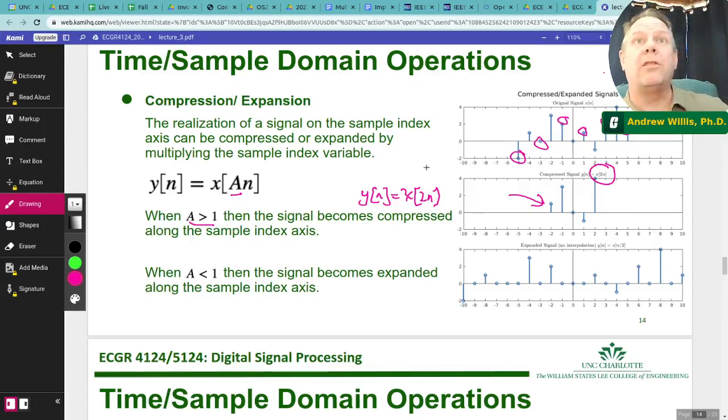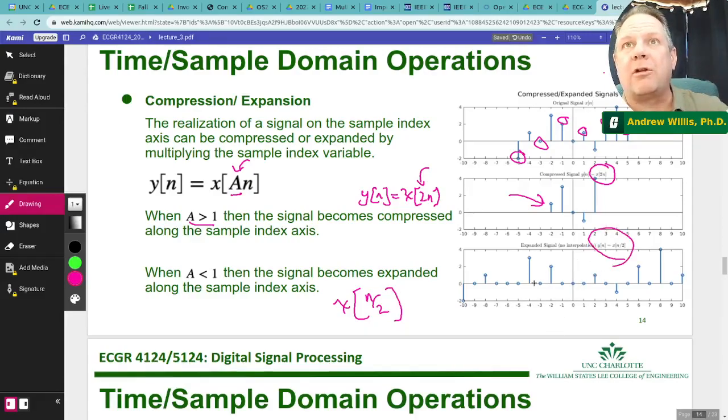Okay, so when this number, the a in front of the n, is greater than 1, we're doing a compression. When it's less than 1, like a fraction, like if you have x of n over 2, then a has the value 1/2. Well, then we're stretching things out, and this is exactly what you would see in this circumstance. You stretch things out, and you insert zeros wherever you did not previously have a value.